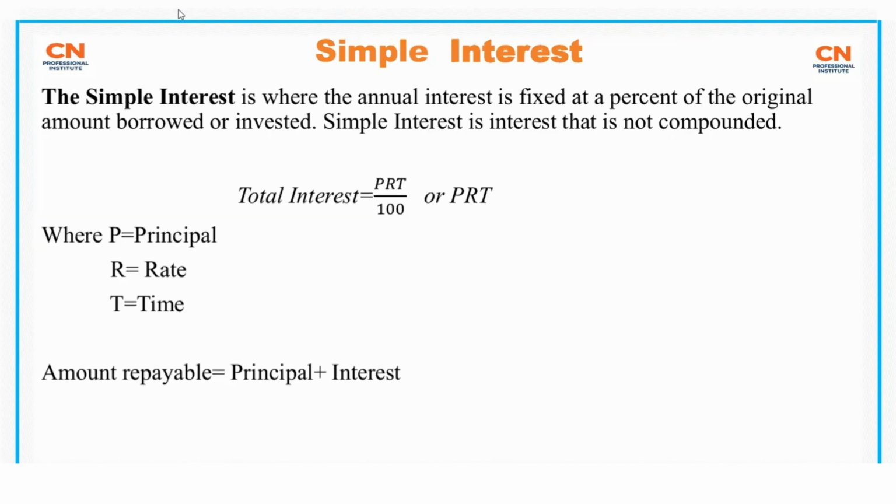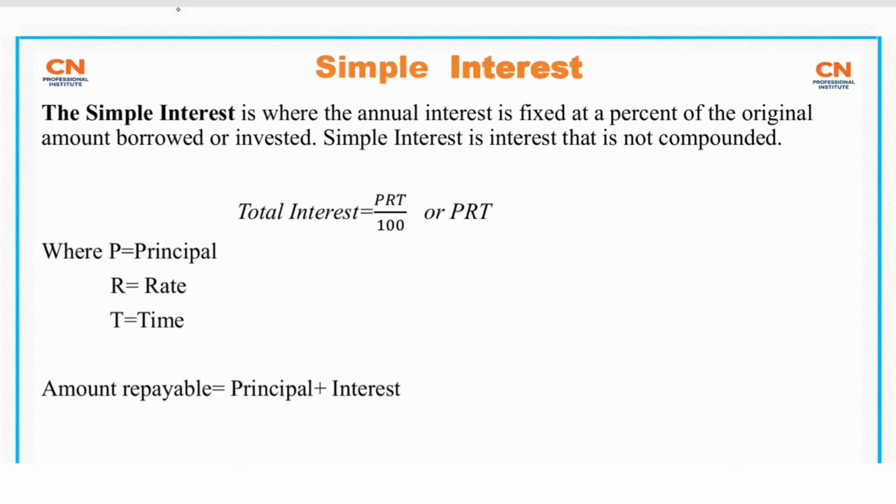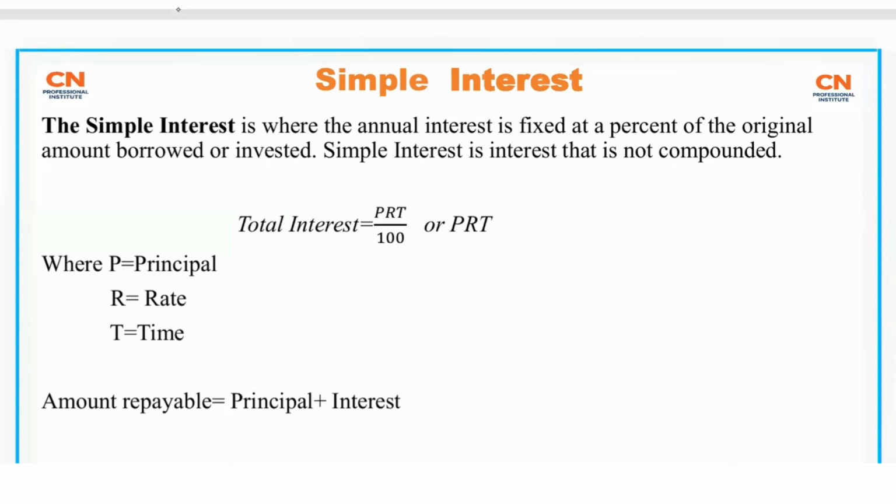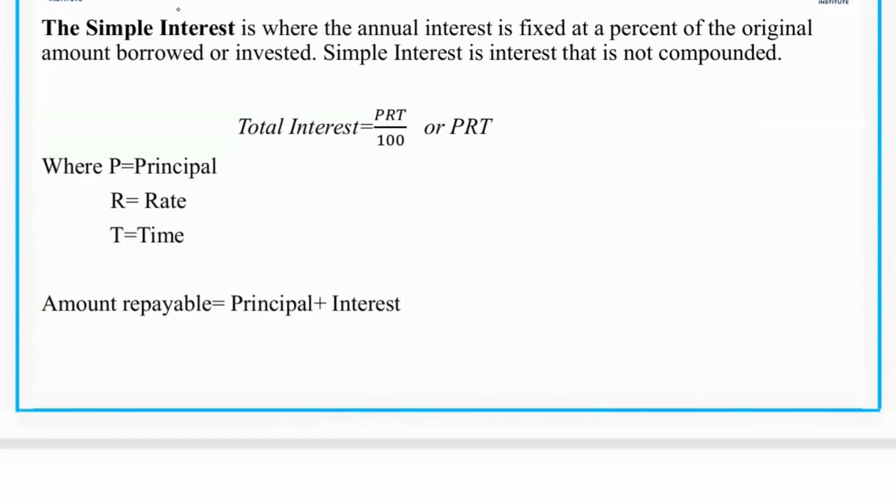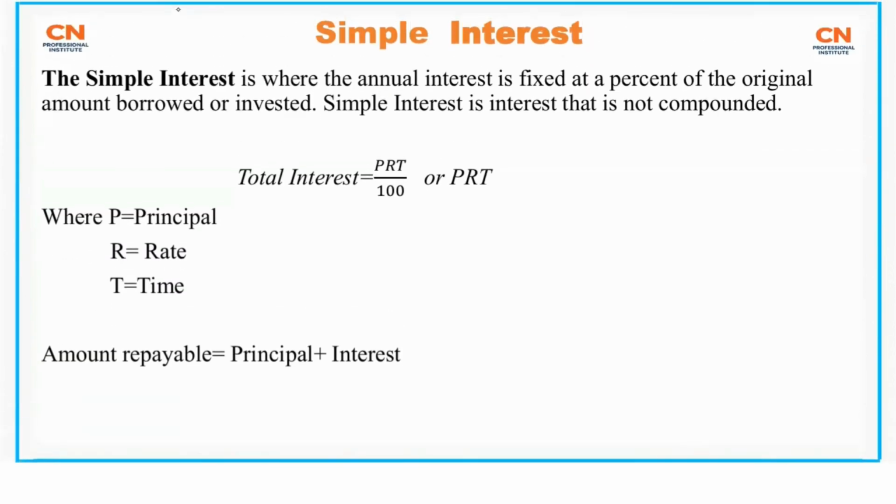So let's say you invest 5,000 in a bank, all right, and then interest is 10%.